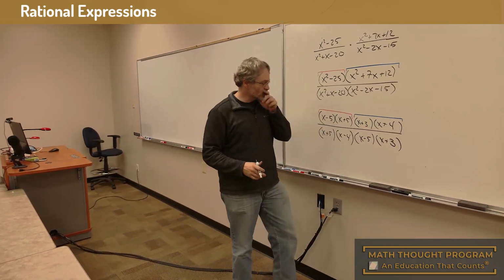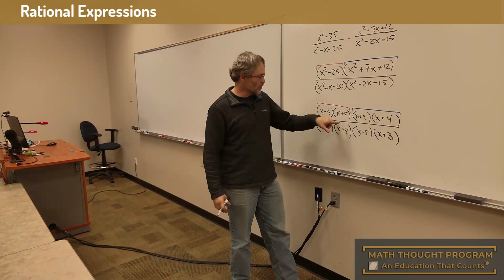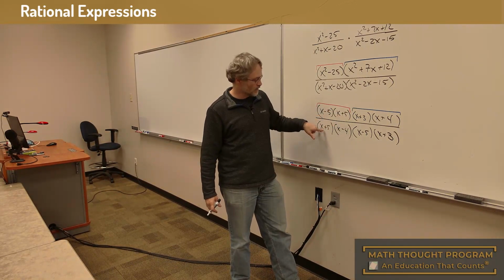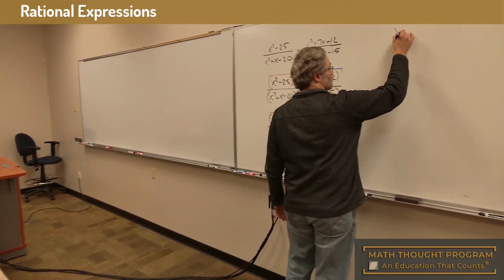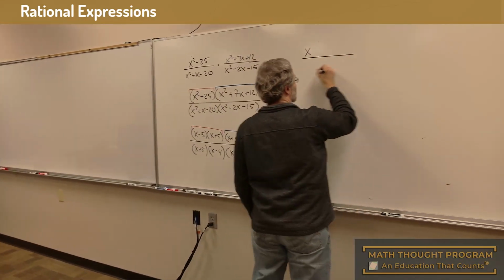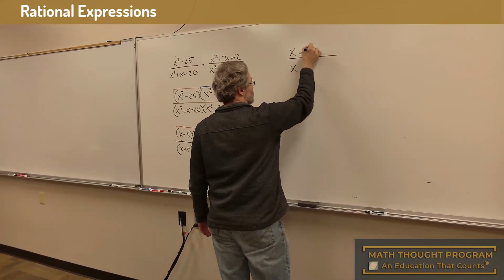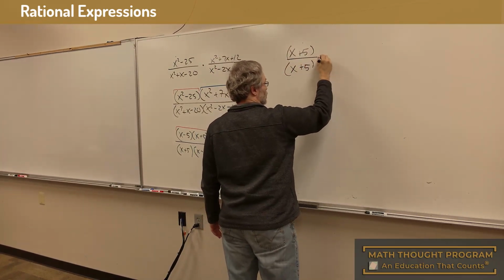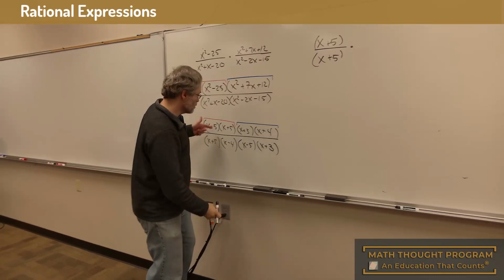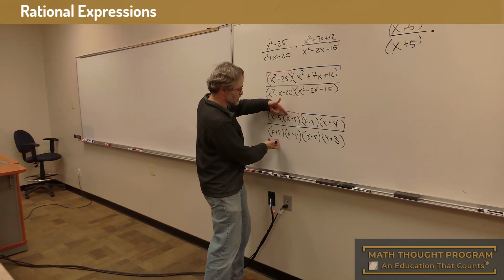So the first thing is I do see a common factor of x plus 5. So all I'm going to do is just push it off. Okay, so that takes care of this piece.